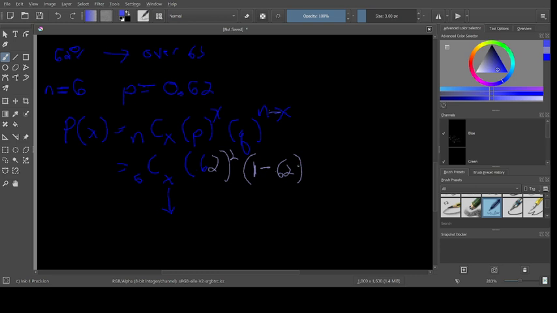Our n is 6 here, and we choose our individual x values.